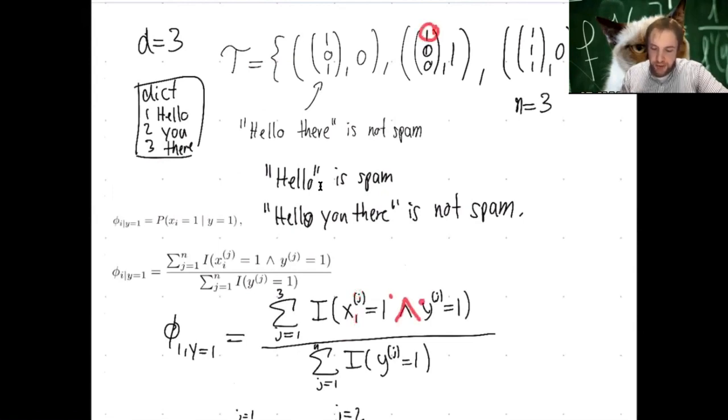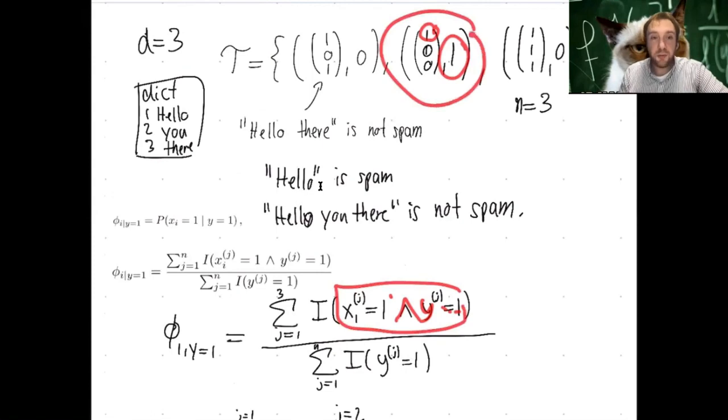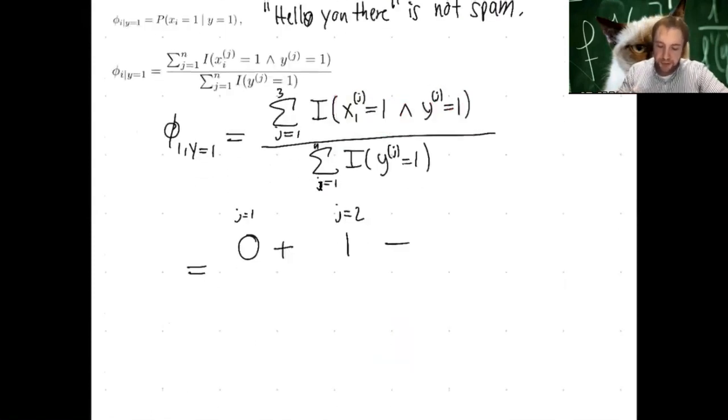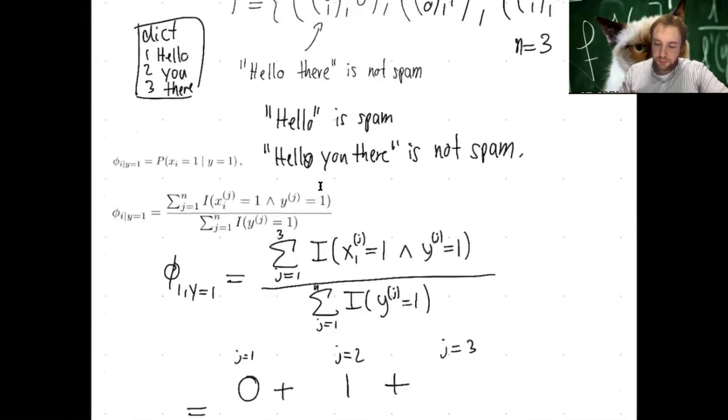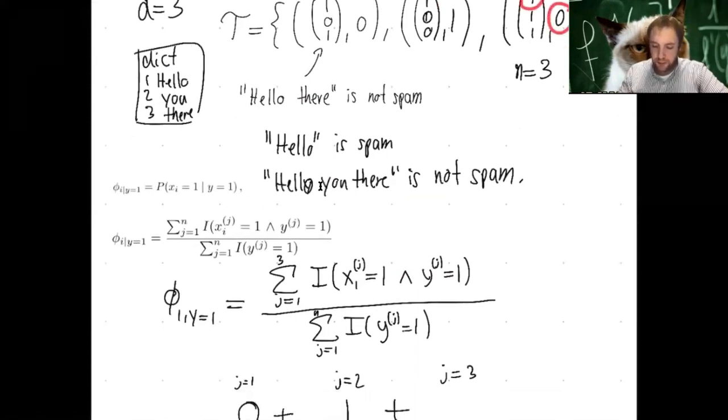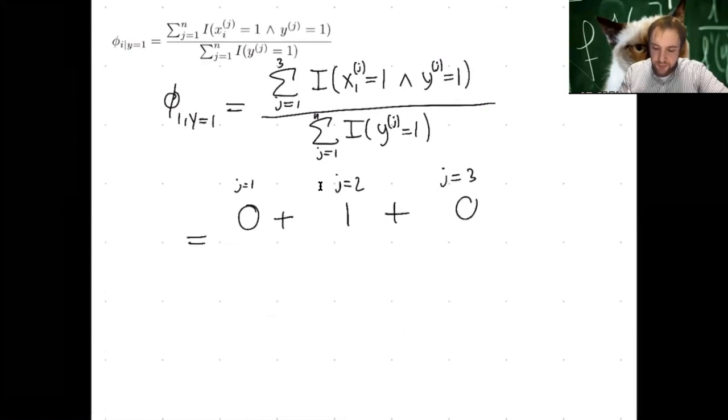And y2 equals 1. Therefore, this statement in the case j equals 2 is true, and therefore we add a 1 here. Plus, for j equals 3, is x1 1? Yes. Is y 1? No. So the statement is false, and therefore the indicator function is 0.